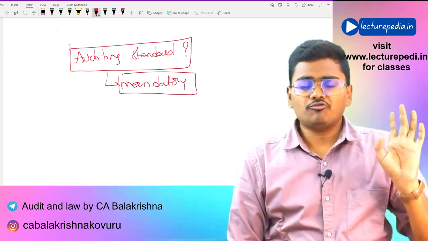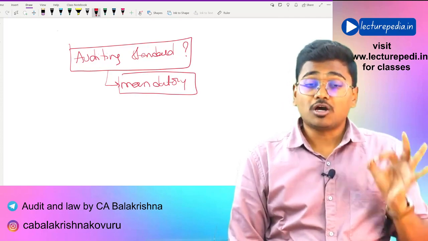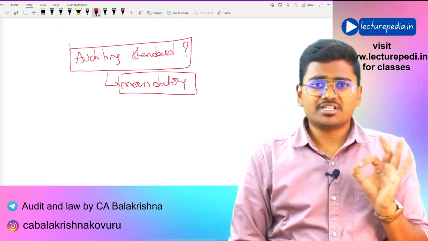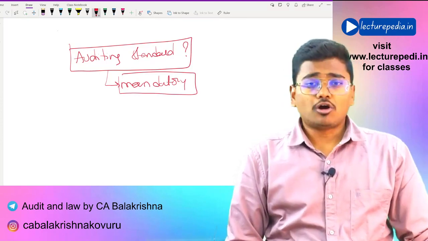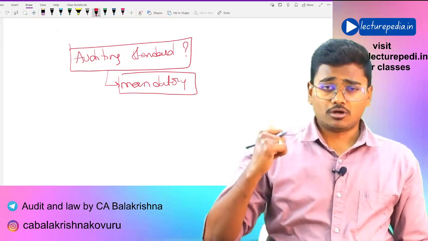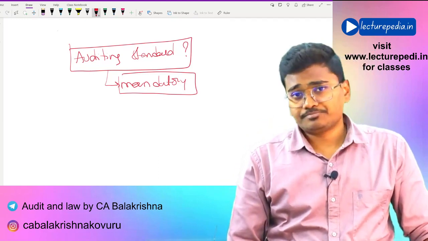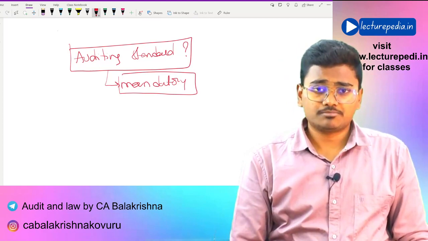For every type of audit where the auditor gives the audit opinion, the auditing standards are mandatory. It is not just for the companies. For every type of entity, if the auditor conducts the audit, the auditor needs to follow auditing standards. Hope that is clear. Now another question, why have these auditing standards been implemented?